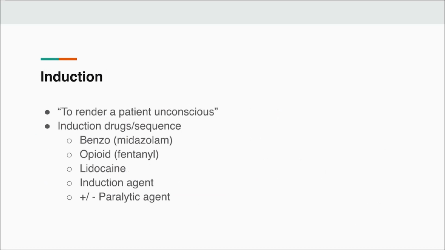First, it numbs the IV or the vein that we're about to give propofol in, which usually does sting quite a bit. And it also could blunt the sympathetic response to intubation. Next, we give our induction agent, which we'll talk about. Plus or minus a paralytic agent if we are intubating and need a paralyzed patient for that.